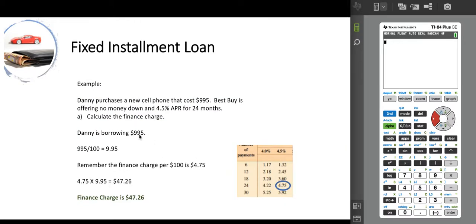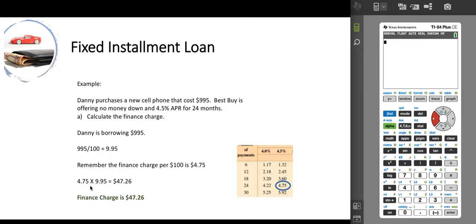So he borrowed $995. That's $9.95 hundreds. Okay, so I'm dividing the amount he borrowed by 100 to get the number of hundreds that he borrowed. And remember, the value from the chart is he owes $4.75 for every $100 he borrows.